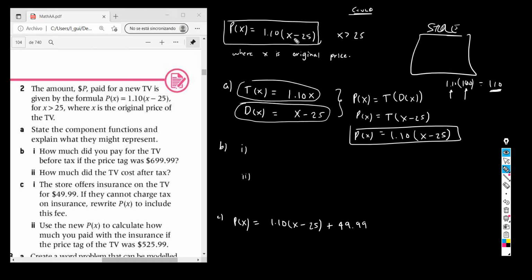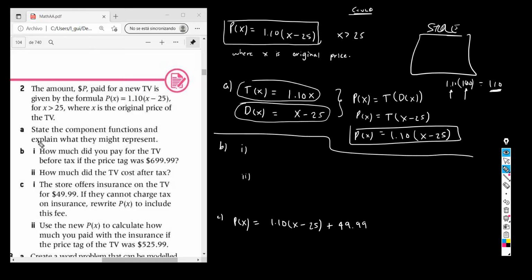This represents the new price for the TV after the discount, and finally you multiply that by 1.10 due to the tax. Overall, all of this operation means the total amount of money paid. That's the interpretation, and that settles question A.